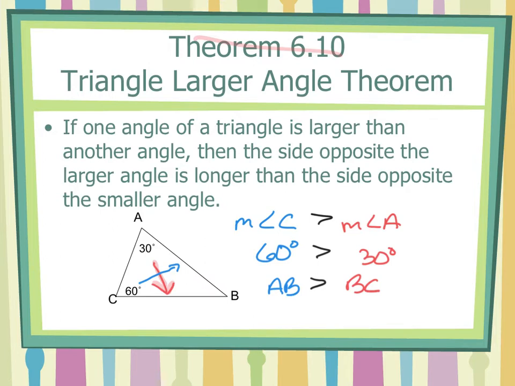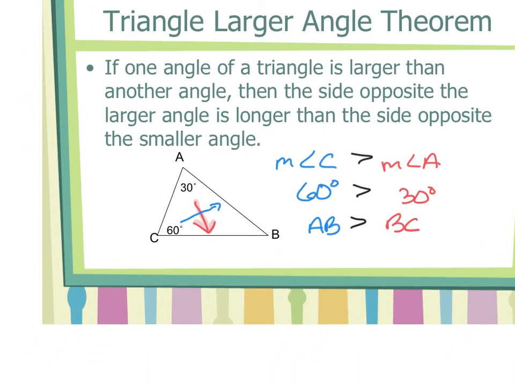Now, in the homework though, and coming up also in the notes, they may ask you to find the biggest side of the entire triangle. If that were the case on this problem, what I would need to do is figure out what angle B equals. The way that I can do that is I will add 30 plus 60, and I will subtract from 180.